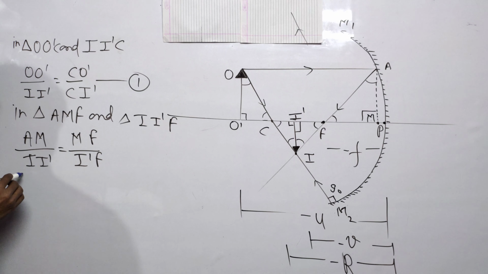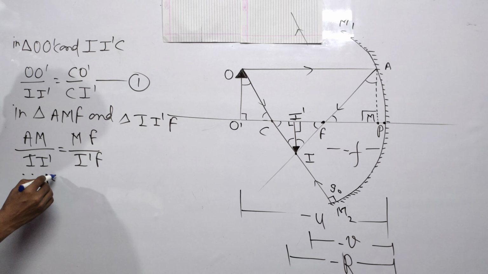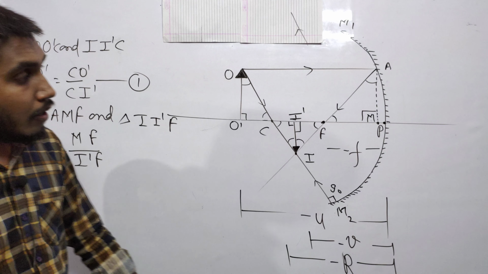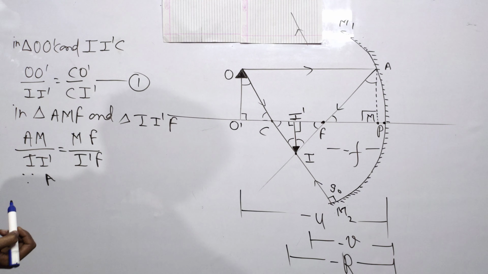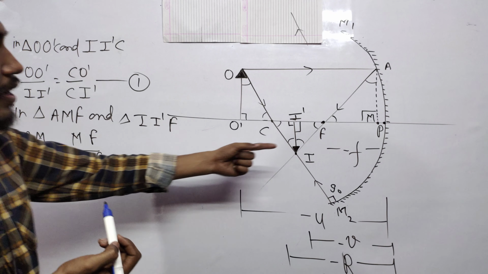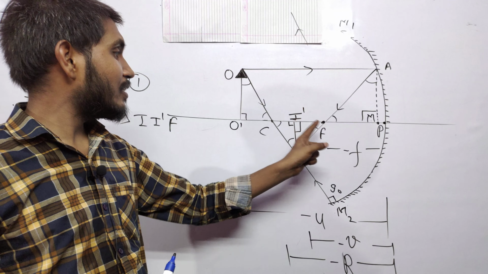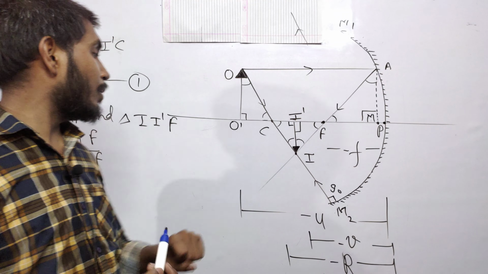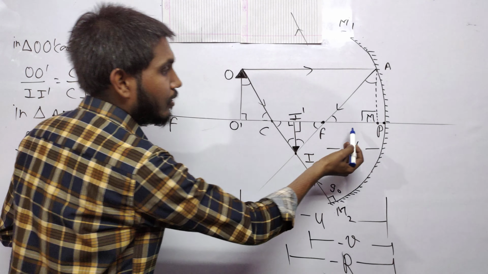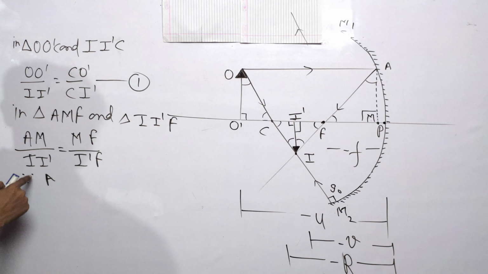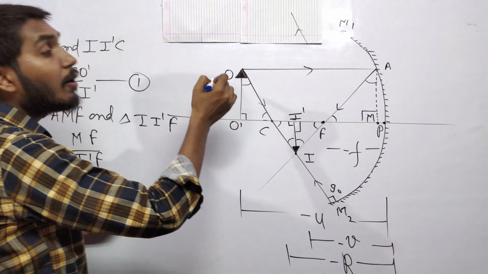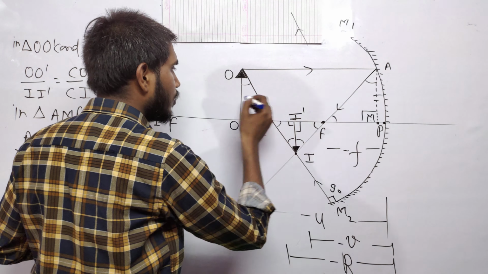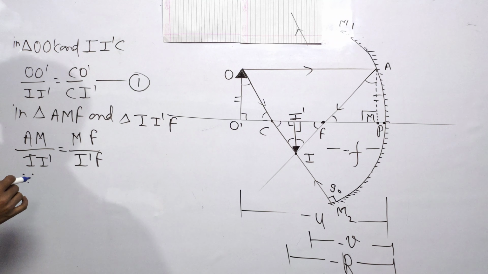Okay, but you know very well AM upon I dash and MF upon I dash F. Okay, correct. You know beta, AM is approximately equal to OO dash because this is parallel.